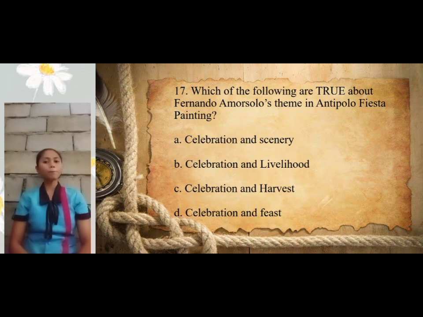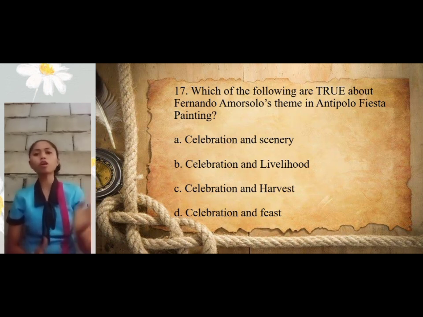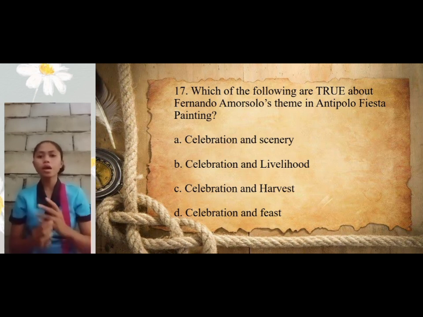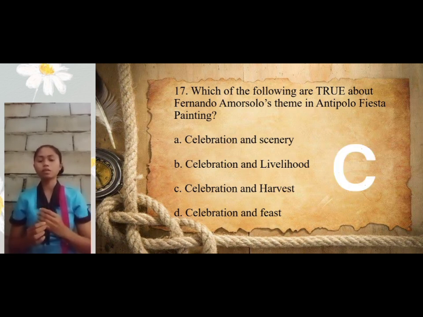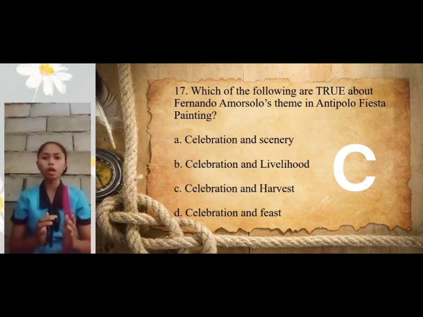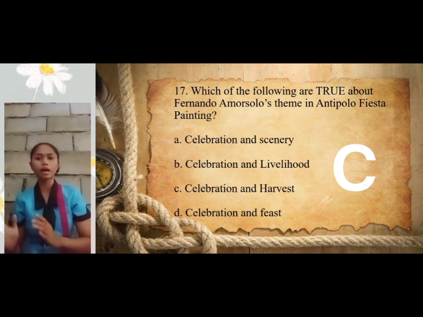So number 17. Which of the following are true about Fernando Amorsolo's theme in Antipolo Fiesta painting? So the answer is celebration and harvest. Fernando Amorsolo's Antipolo Fiesta is an oil painting on canvas that depicts a rural scene where a group of people are shown celebrating a fiesta in Antipolo.